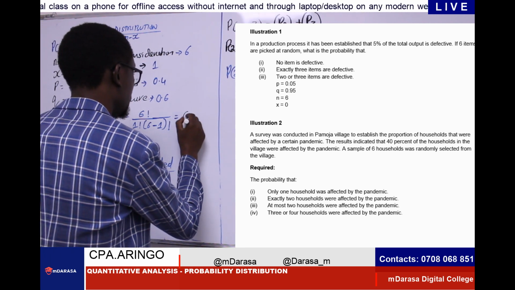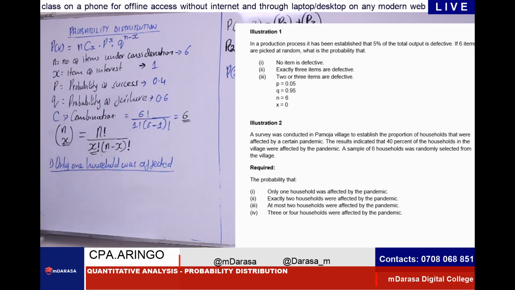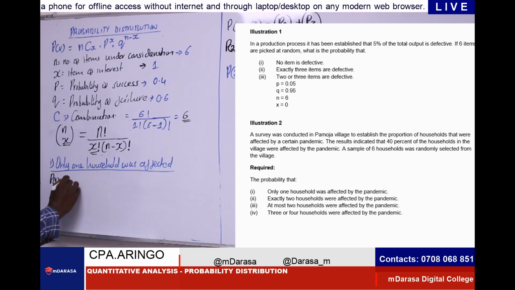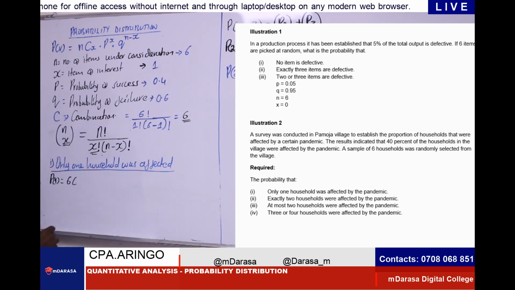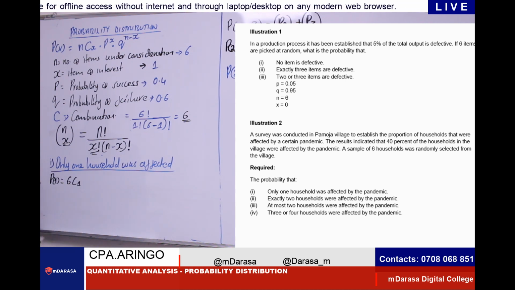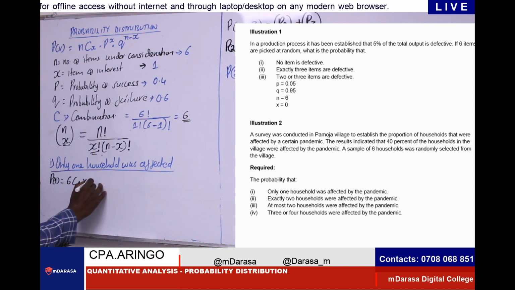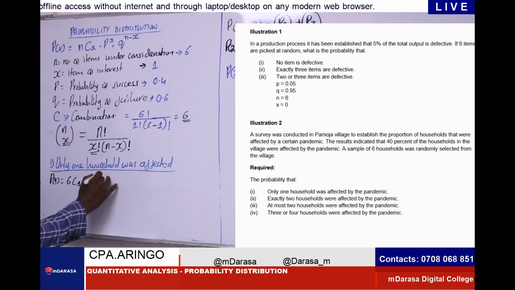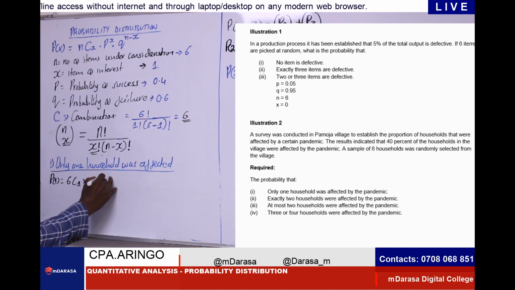So if I was to write our equation, the probability that only one household will be affected, I'll have n, the binomial coefficient, 1, times the probability of being affected, which is 0.4, raised to the power x, which is 1.